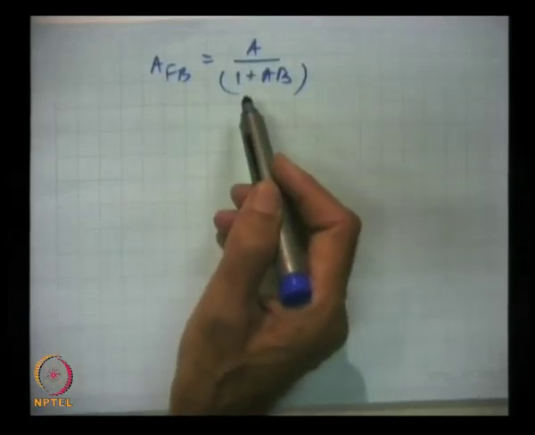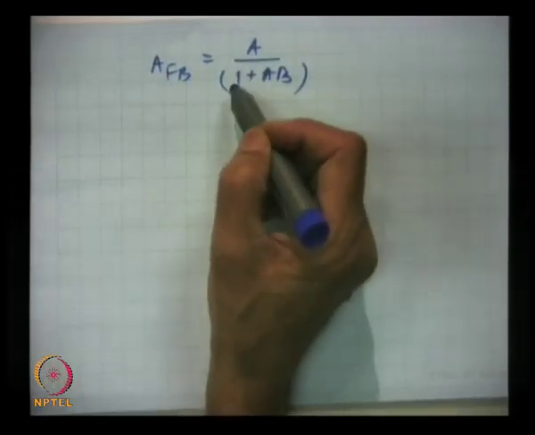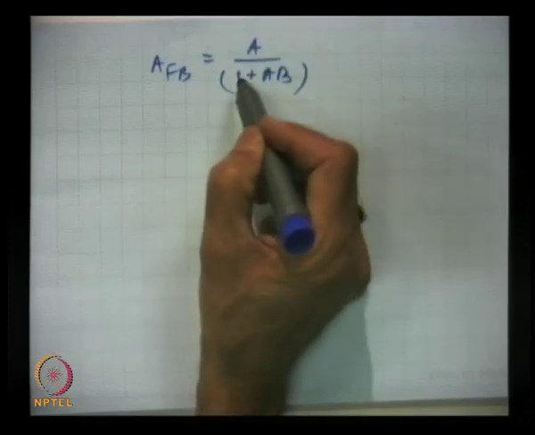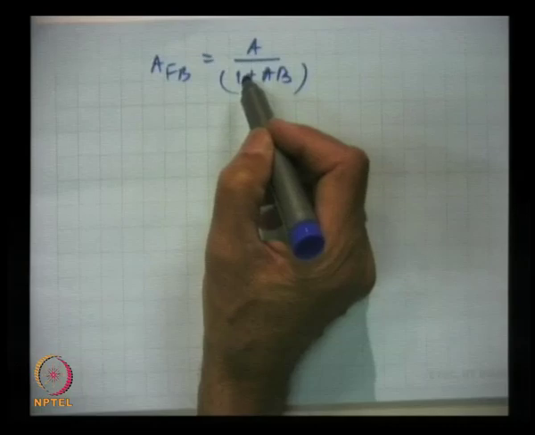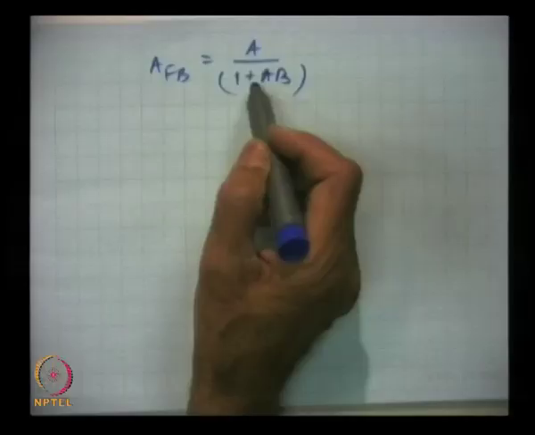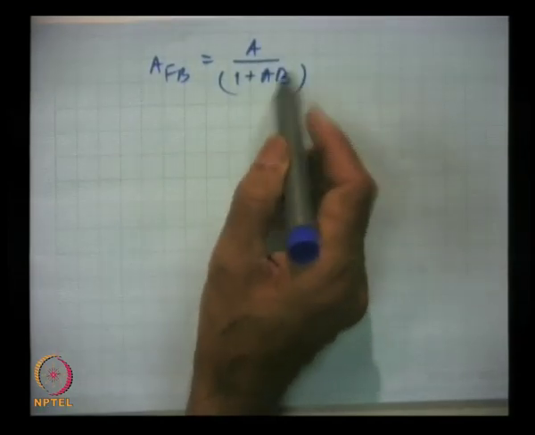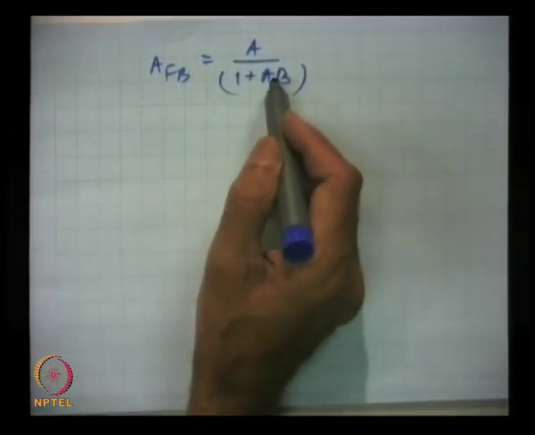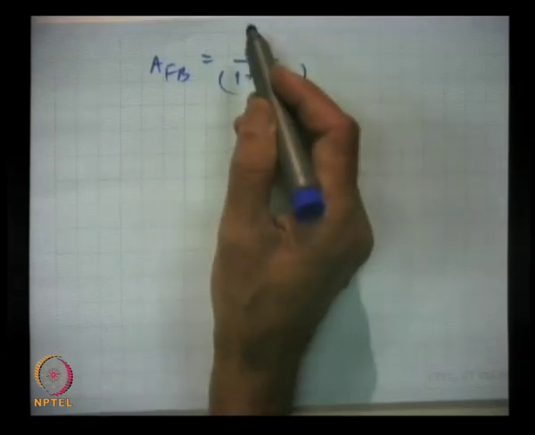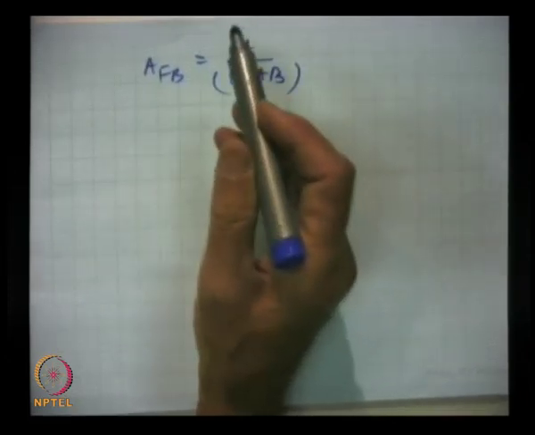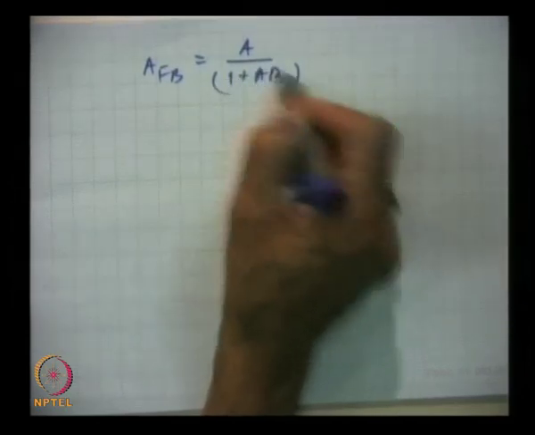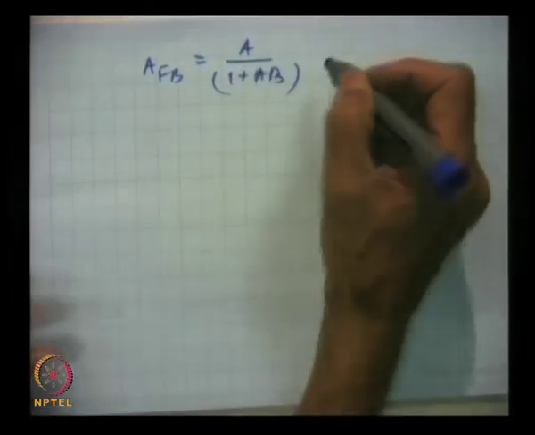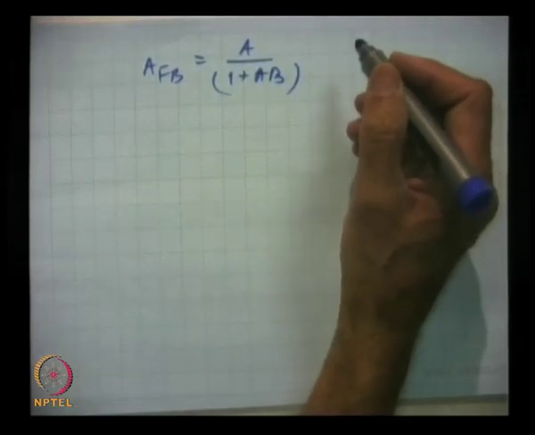The sacrifice we are making is that the gain falls from A to this. The gain of the non-inverting op-amp with feedback is much reduced. It is reduced by this factor 1 plus AB, and this factor may be 100, so the gain will fall by 100, 10 to the power 5 by 100, or even 1000. If this factor is 1000, the gain will be just 100, maybe less.